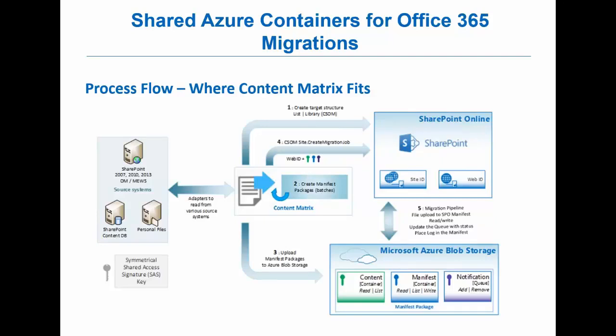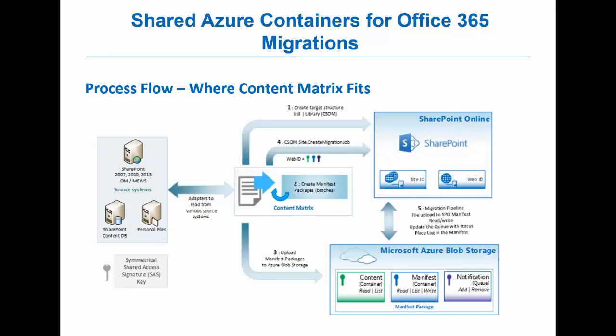migration. The first step is to create the list or library, and that's going to use CSOM. As you can see, all the steps are marked here. Number one is to create the target list or library structure with CSOM, and then number two is to create the package.